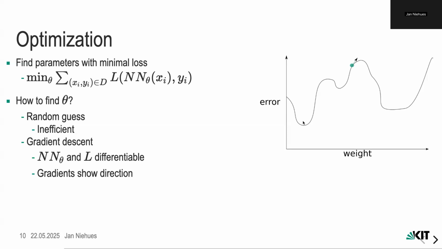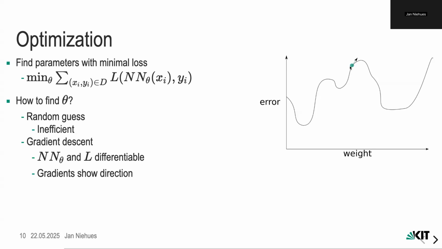So this function I drew out here, but we don't know it. What we can only do is evaluate it on single points, like the green one here. So we only know the value here. Then we have to decide: do we take that or do we take another one? And then, as you exactly said, evaluating means running your neural network for every example of your training data.